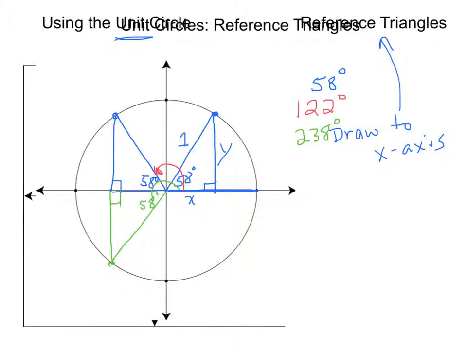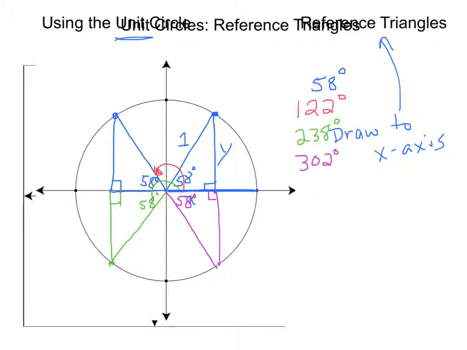And it's the same reference triangle we would use for this one right here. What would be that angle? 302. We did 360 minus. So these angles right here, all 4 of those, we would use the same reference triangle for.